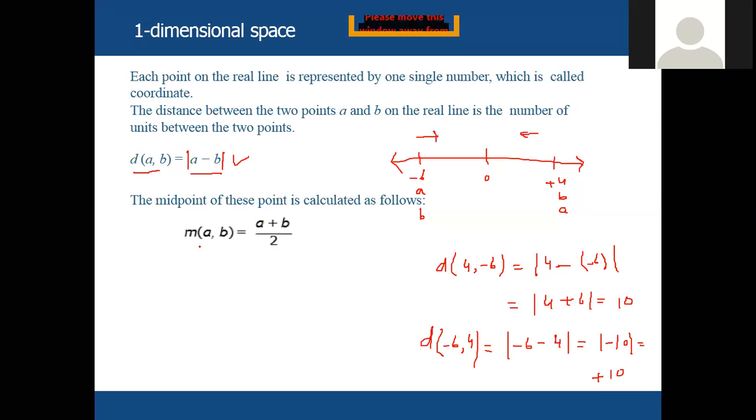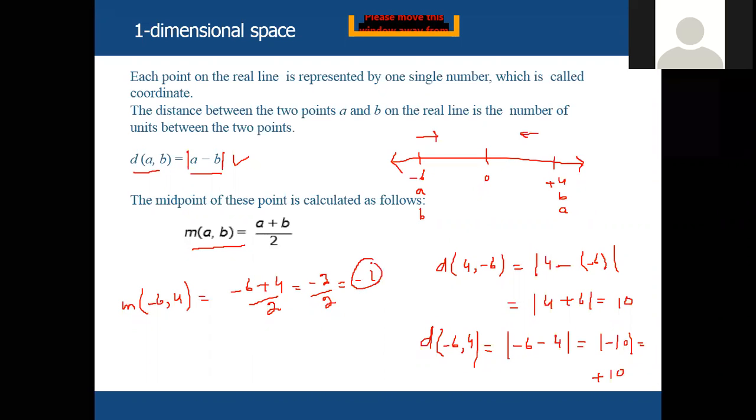How to find the midpoint? The next formula is for the midpoint: a plus b divided by 2. Like how to find the midpoint between minus 6 and 4. Simple: minus 6 plus 4 divided by 2. Minus 6 plus 4 is minus 2, divided by 2, and this equals minus 1.